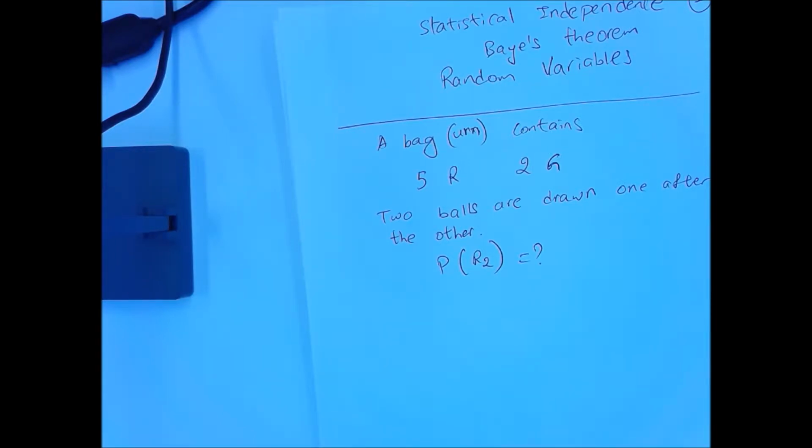First you get a red ball, and then it's a conditional probability. If I pick up a red ball first, that lowers the probability of giving you another red ball.